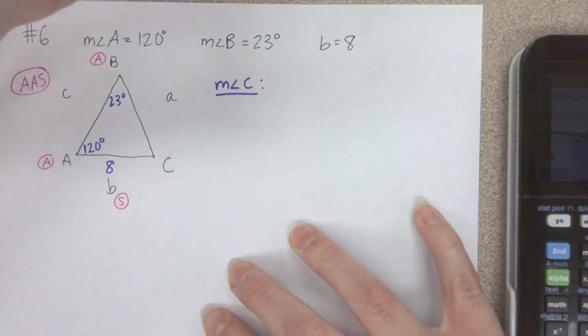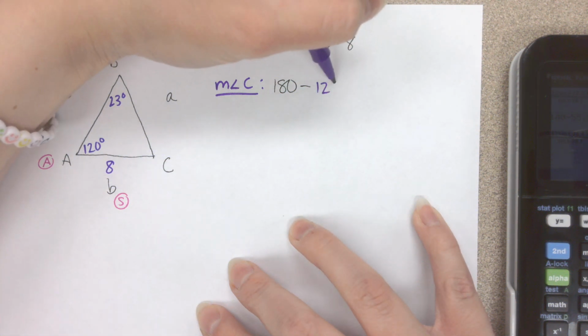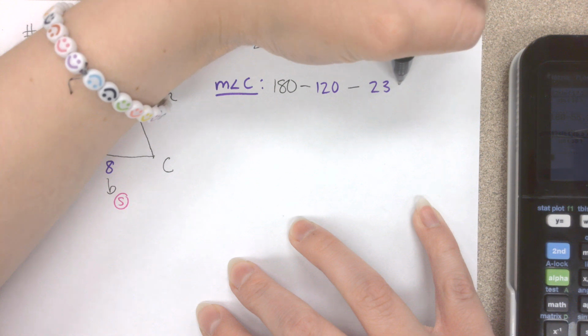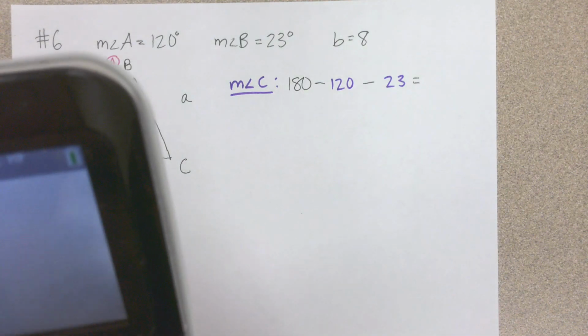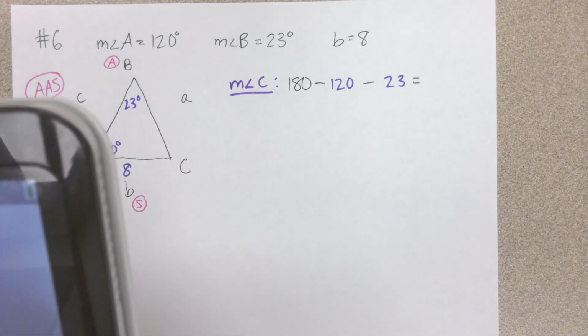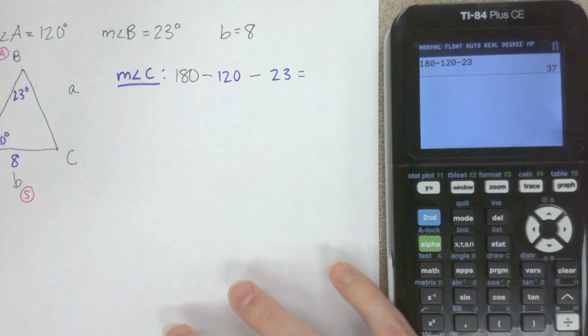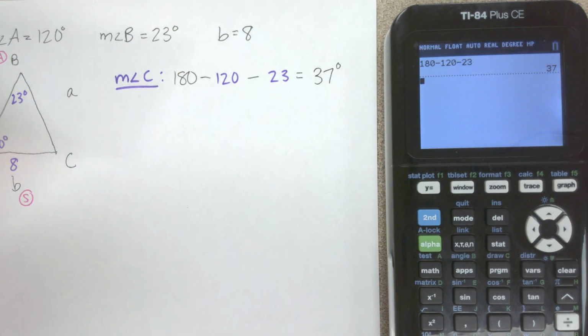We have 180 minus 120 and 23. And we just get a nice 37 degrees for angle C.